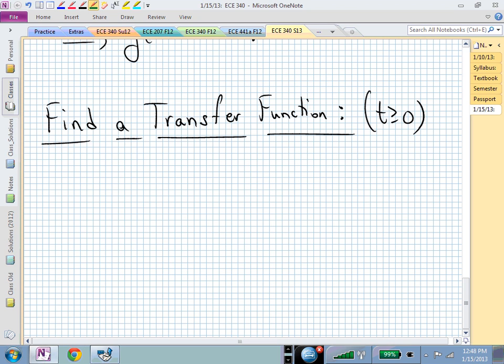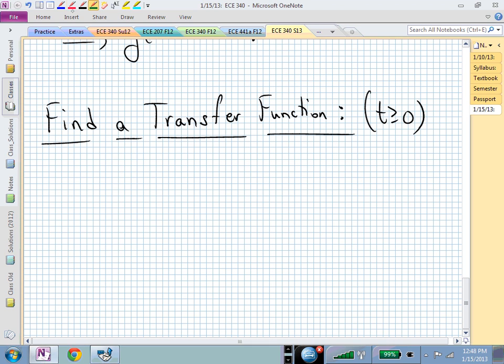If we want a transfer function, though, luck is on our side. We can neglect initial conditions and just find this, let's say, G of S, this model of our circuit.